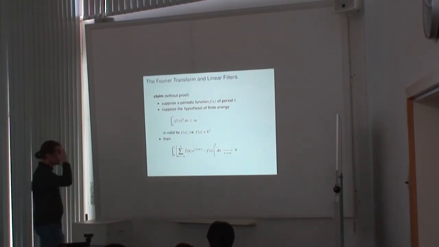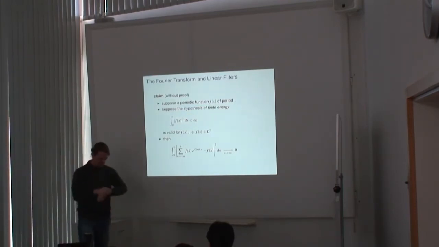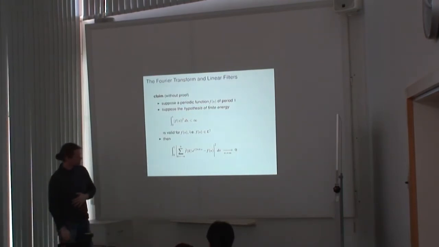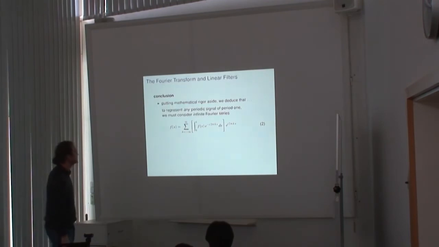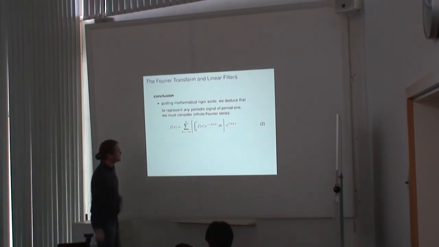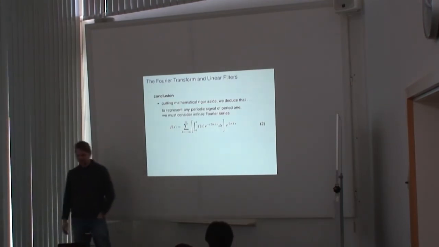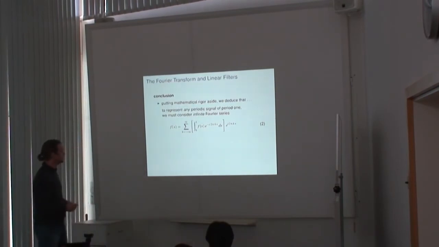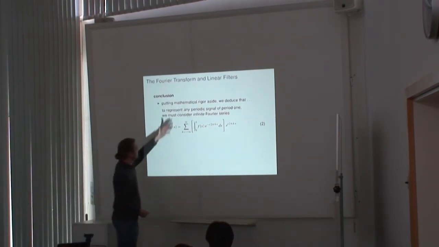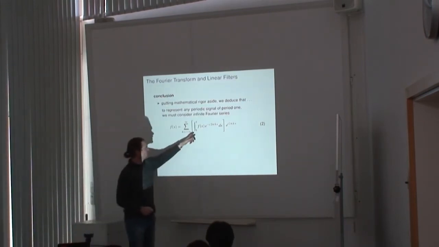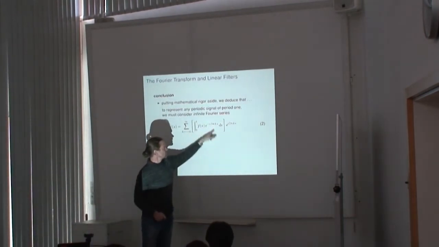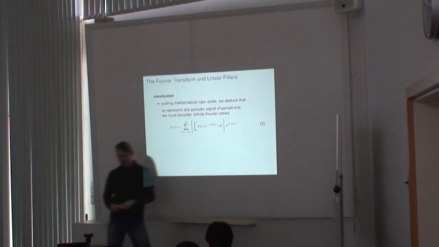All right, this is our first important result for today: it is okay for us to say that if we're given a periodic function of period 1, we can express it as an infinite linear combination over Fourier coefficients times a complex exponential.